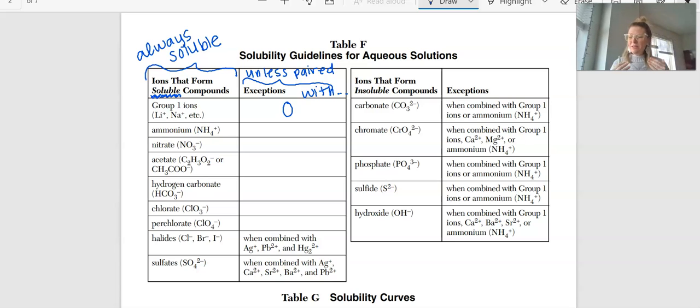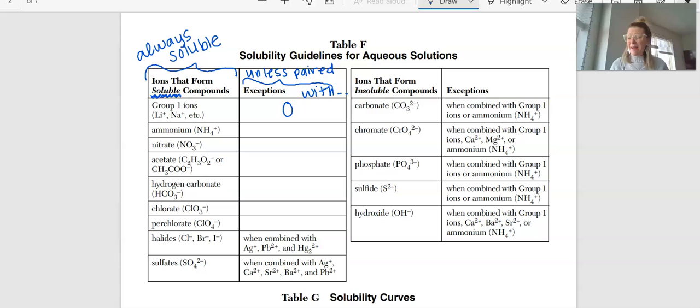Let's slide down here a little bit to the bottom where there are some exceptions. Halides like chlorine, bromine, iodine, fluorine, they are always soluble unless they are combined with silver, lead-2, or mercury.